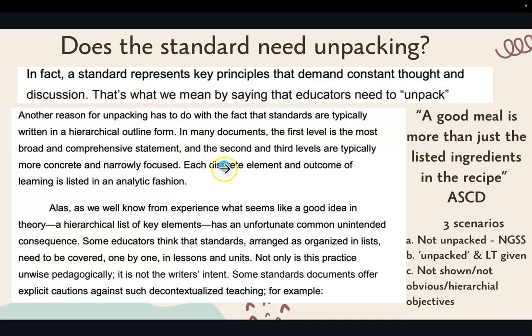in many documents, or some curriculum documents, the standards or the aims or the objectives are written in this hierarchical form. And a lot of times, and I have done it before, we think that this is how we should be teaching every single objective in this document.